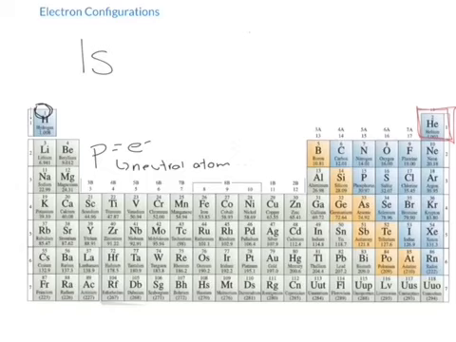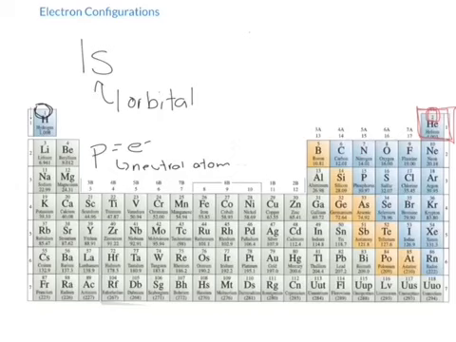Remember, each orbital can only contain 2 electrons, and the s only has 1 orbital associated with it. So both of the electrons from the helium atom will be, quote-unquote, stored in a 1s orbital.